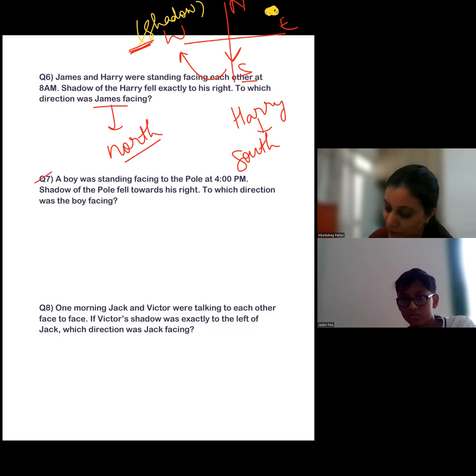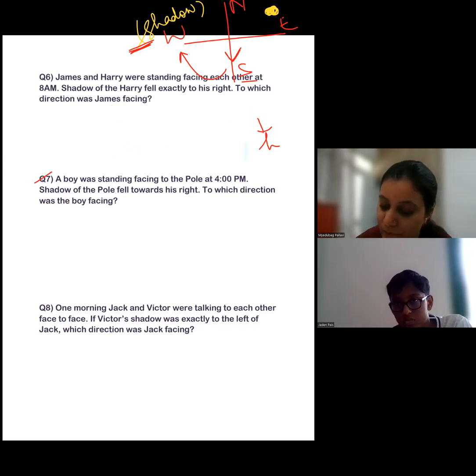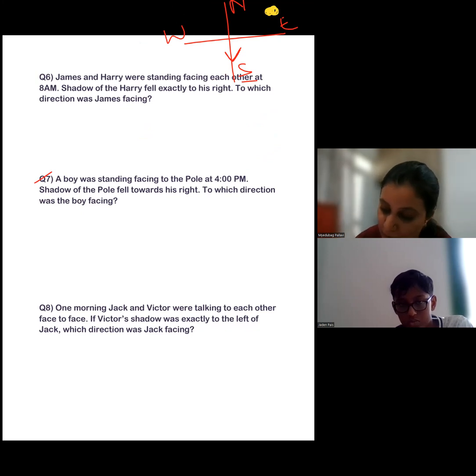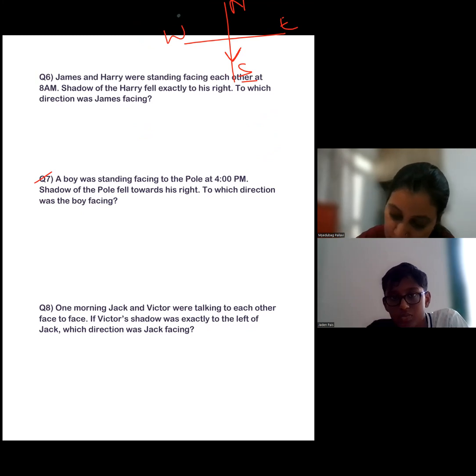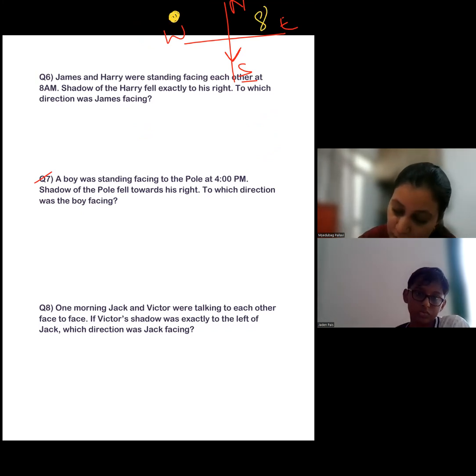Try the seventh one now. In the seventh one, it is 4 p.m. So it is evening time. The sun will be in the west, and this is the shadow.